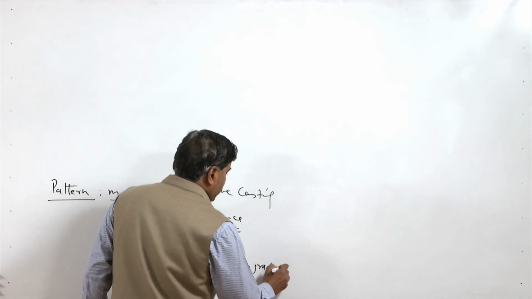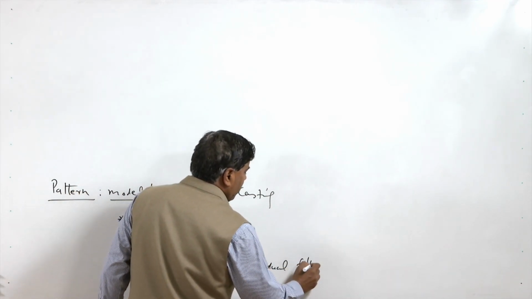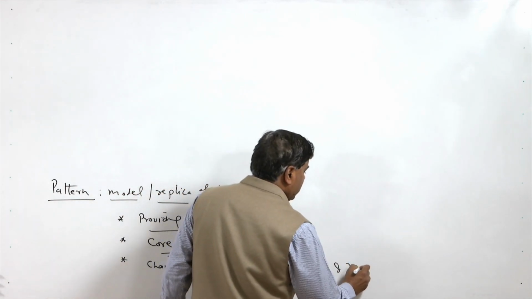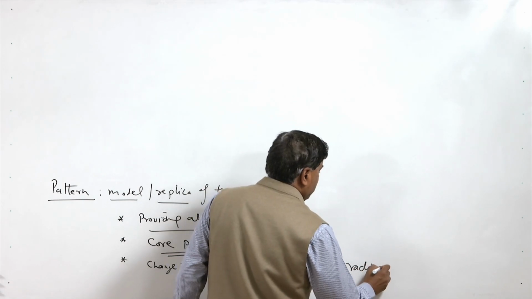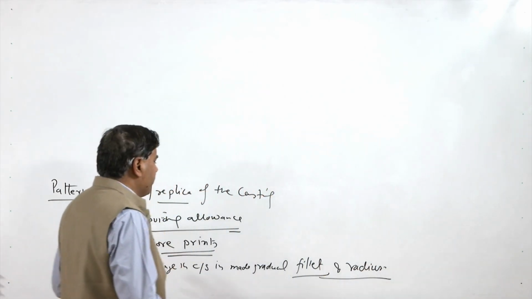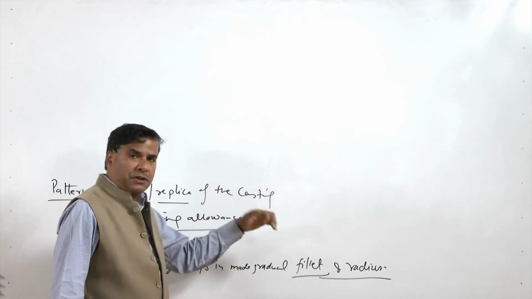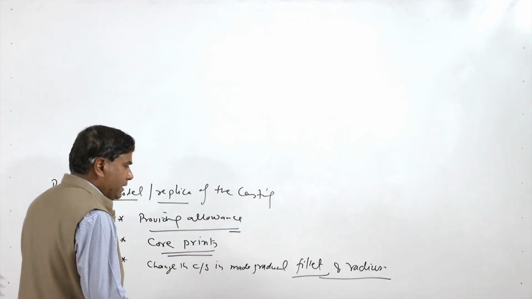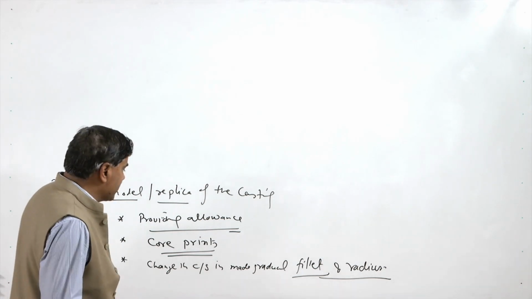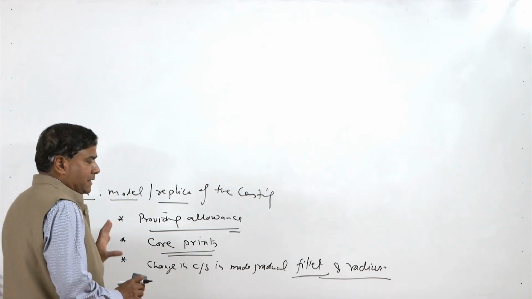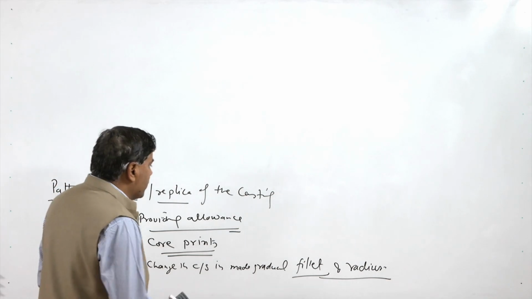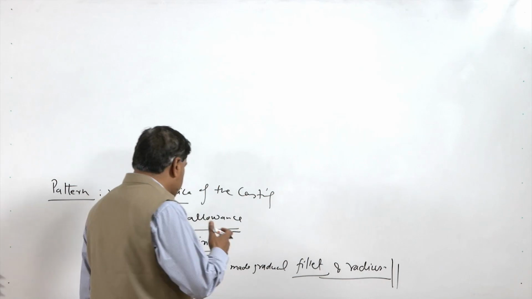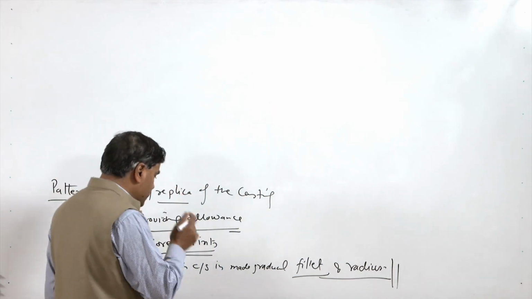Normally this is done by providing suitable fillets and radii of the required size, so that an abrupt change in cross section is avoided, because it cannot be very effectively replicated, or otherwise it will lead to defects in the locations where a sudden change in cross section is taking place. So, because of these three reasons, we need to provide fillets in the locations where a sharp change in cross section is taking place.